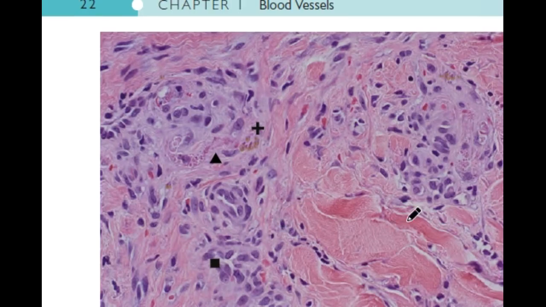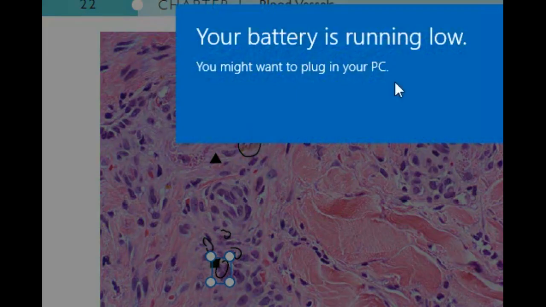This is the microscopic picture of Kaposi sarcoma, where you can see the presence of atypical cells. These are atypical endothelial cells, and this brown color is hemosiderin granules.